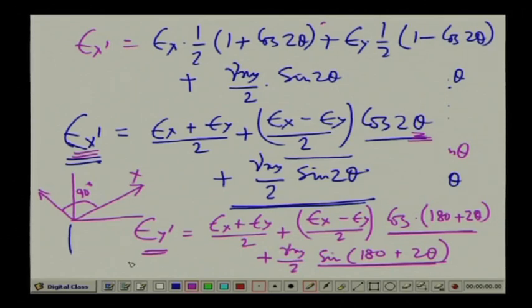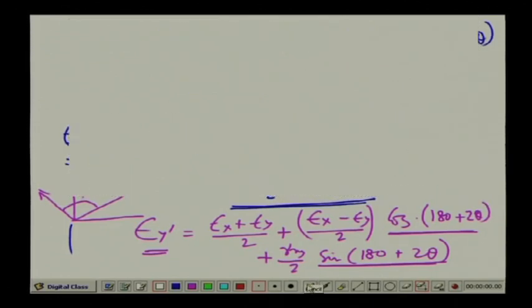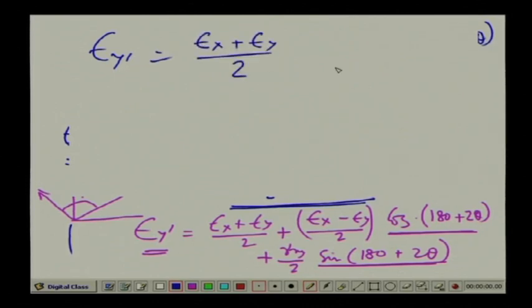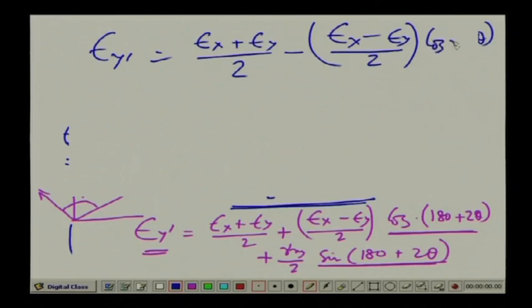So, the expression for epsilon y dashed is epsilon x plus epsilon y by 2 minus epsilon x minus epsilon y by 2 cos 2 theta minus gamma x y by 2 sin 2 theta.